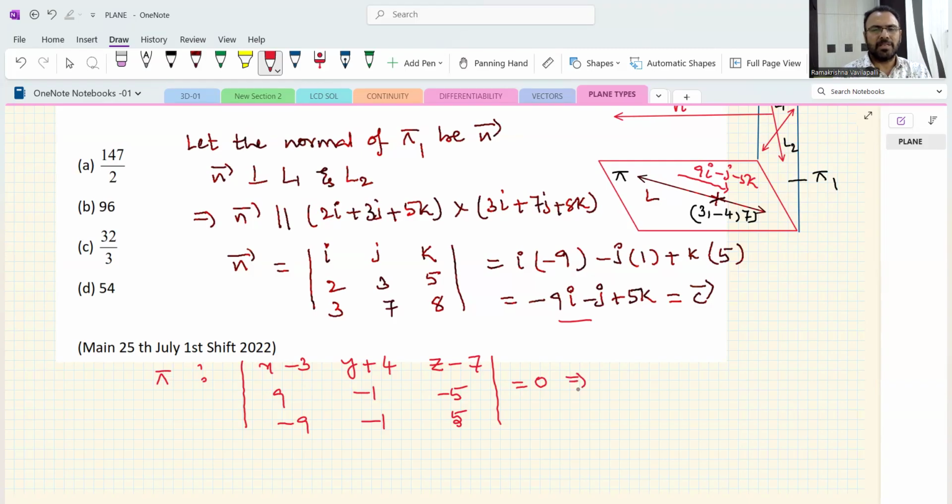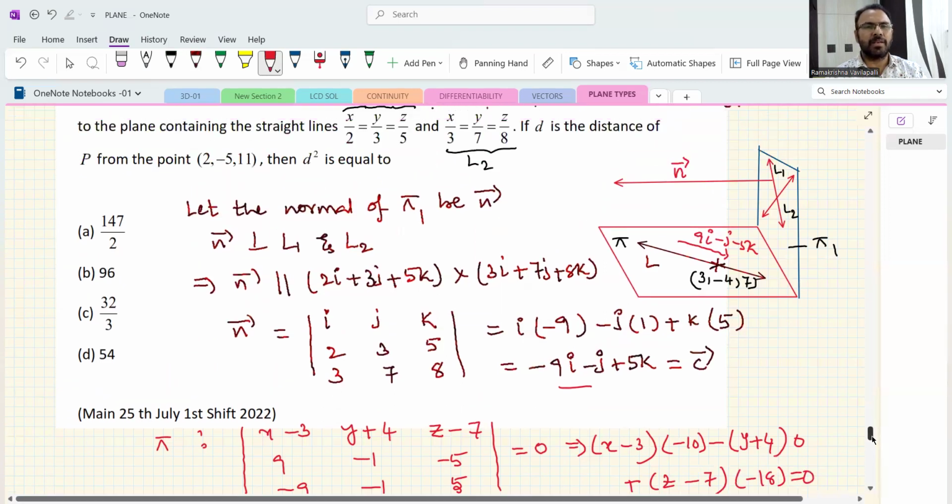So this implies that x minus 3 into, it is minus 5 minus 5, minus 10, minus y plus 4 into this is 45 minus 45, 0, and plus z minus 7 into, it is minus 9 minus 9, minus 18 equal to 0.